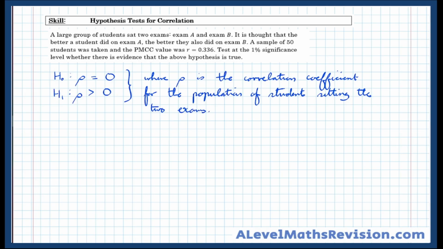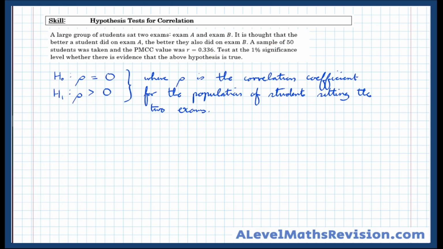So rho represents the correlation coefficient, usually represented by the letter R for a small sample, but when we're talking about everyone in the whole population, we use the letter rho. So we're trying to deduce features of the population based on a small sample. Well, not so small a sample, 50 is quite a large sample actually, but based on an incomplete sample of the population. So we're trying to deduce information about rho from finding a value of R for 50 students.